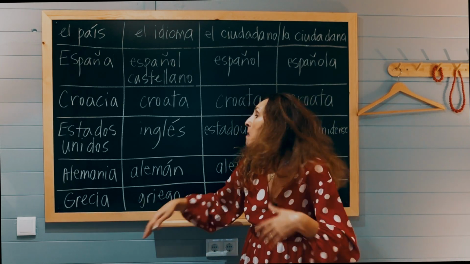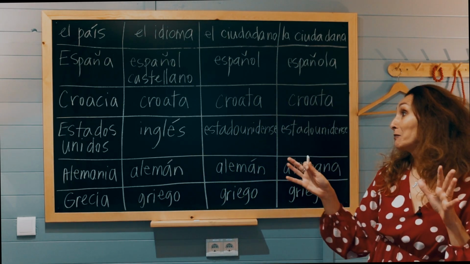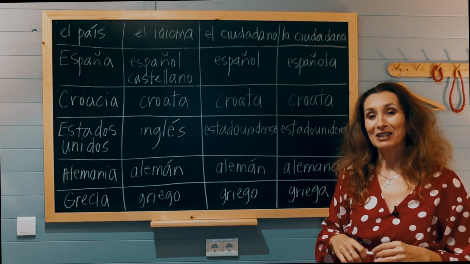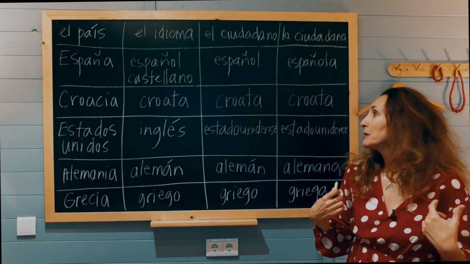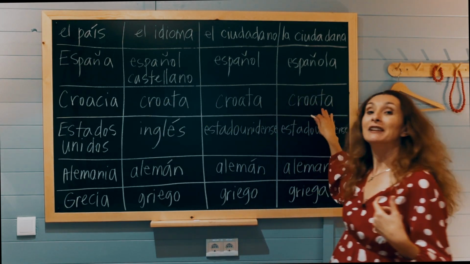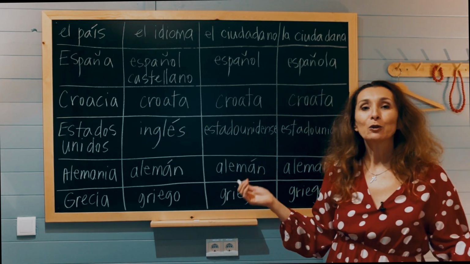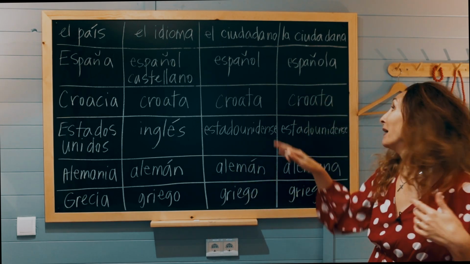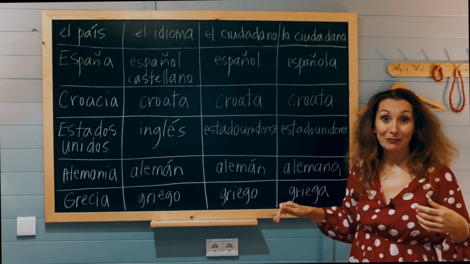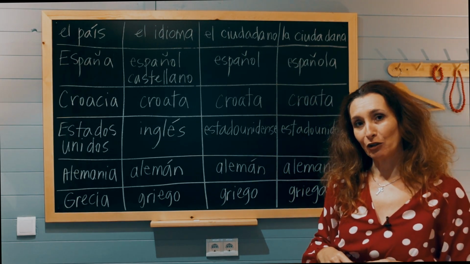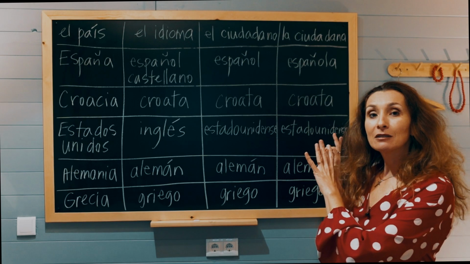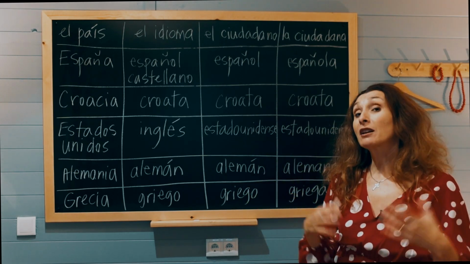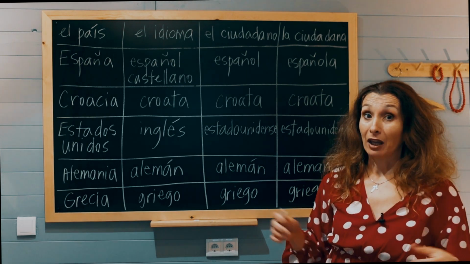Maybe Greece or Germany and even more Croatia are not important countries for you. They are for me, so for me it's important to know this, okay? But maybe for you it's more important to know Mexico and Mexicano and Mexicana, no? Or any other country, okay? So do the exact same exercise with the countries that mean something to you.